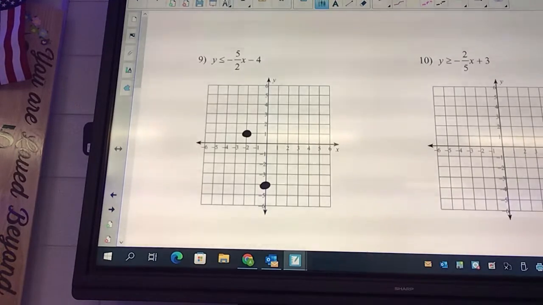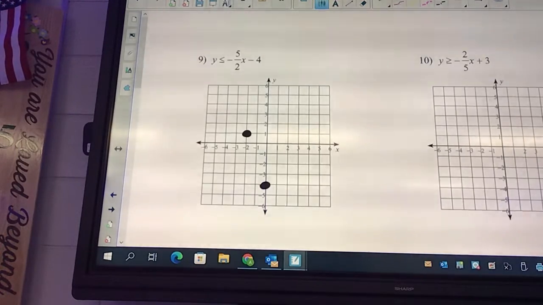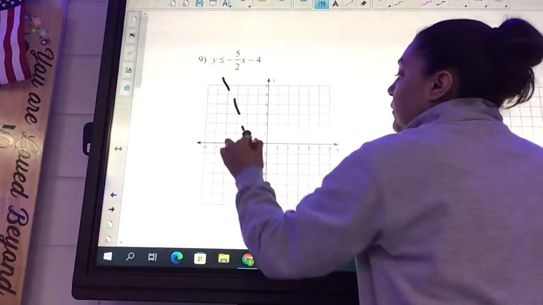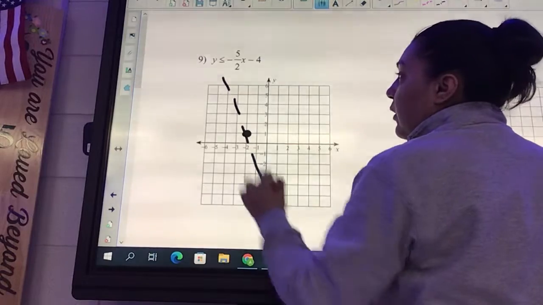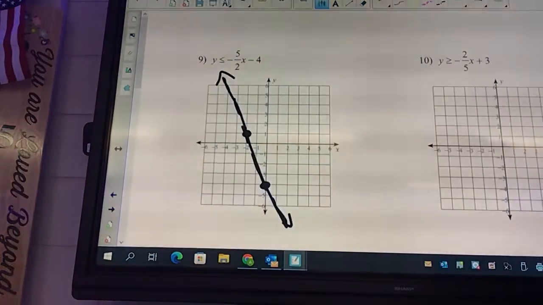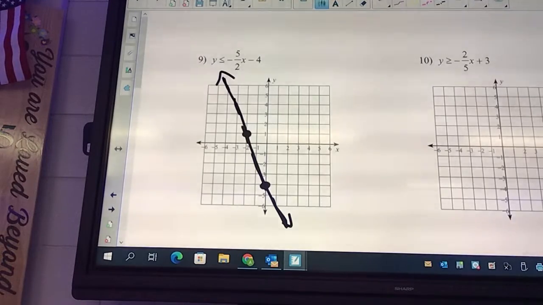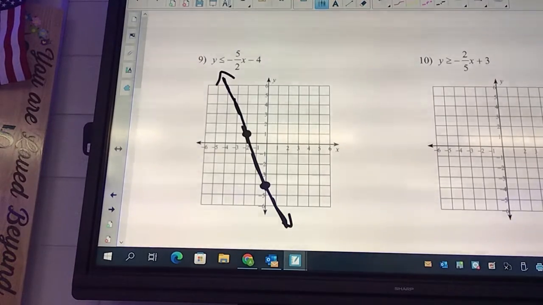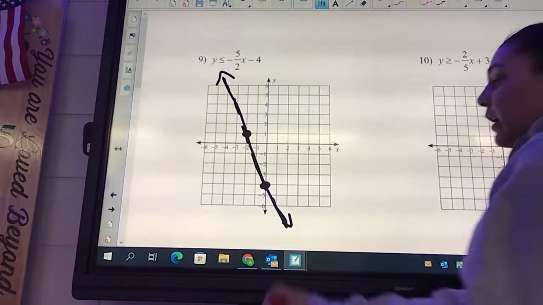Should that be a solid or a dotted line? Solid line. Oh, I said solid line. Sorry. And this says y is what? Less than, okay, or smaller. So which side are you going to shade? Yeah, kind of the left side.